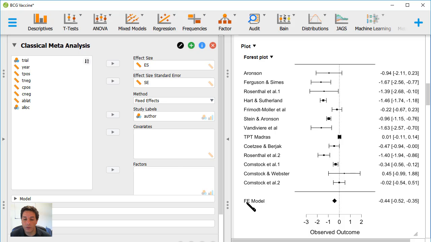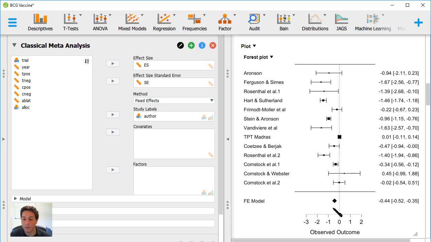And here FE is the fixed effects model, and this is the overall effect size. This is very important. So doing this analysis, we obtain an overall effect size, and the overall effect size has some variability. The overall effect size is represented with a diamond, and the length of the diamond is the confidence interval.